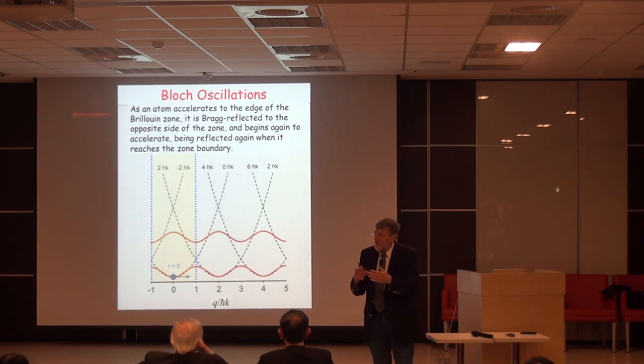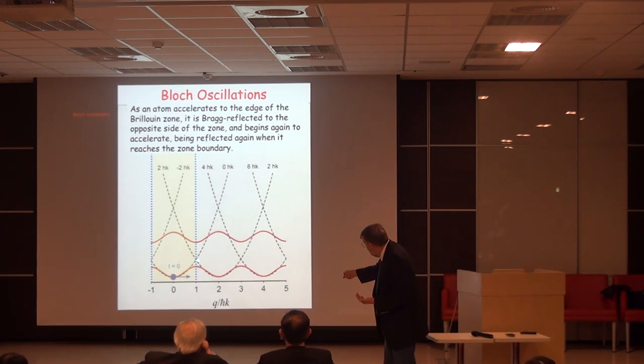Remember? The electrons are seeing a periodic potential. If they have the right velocity, they will Bragg scatter from the lattice. When they Bragg scatter from the lattice, they reverse their momentum. So these electrons that are here have their momentum reversed, they're over here. And then they get accelerated again, and they have their momentum reversed, so they go over here, and they get accelerated again.